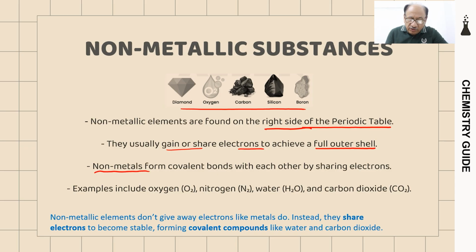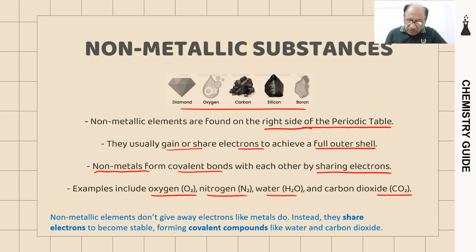Non-metals form covalent bonds with each other by sharing of electrons. Examples are diatomic molecules like nitrogen and oxygen, and water and carbon dioxide are also examples of covalent bonding. In a nutshell, non-metallic elements do not give away or accept electrons.